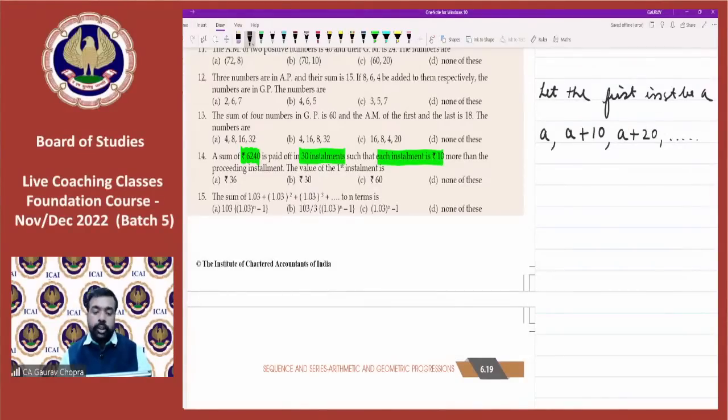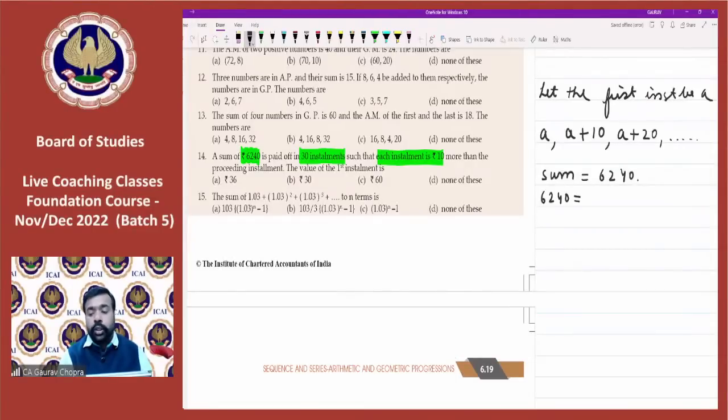This becomes the installment. Now we have to find out the first installment. So 6240 is the sum. So we can apply the formula for sum.